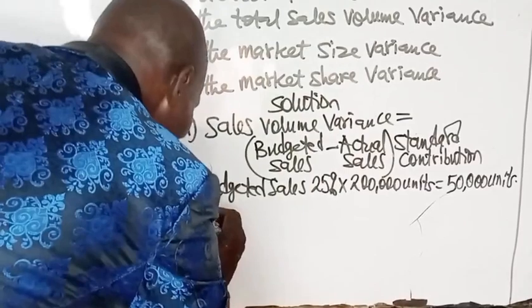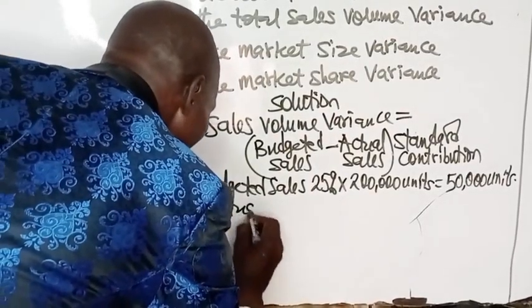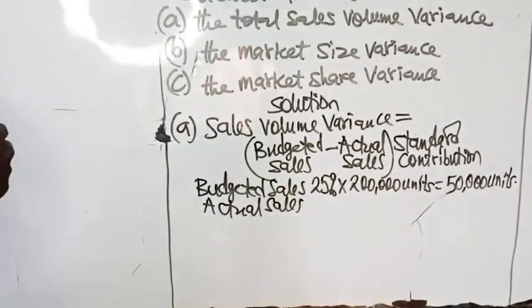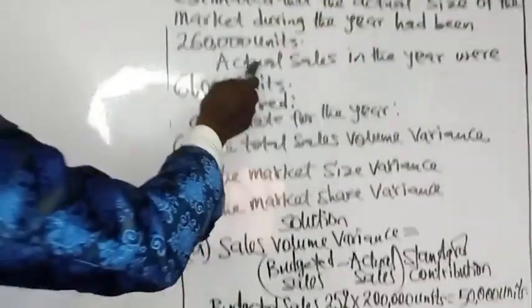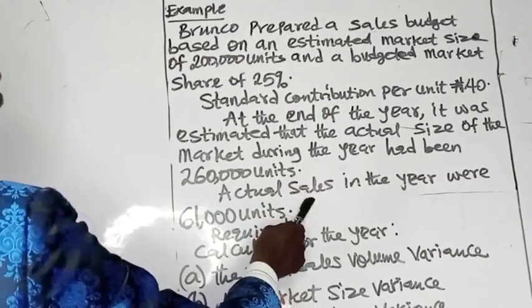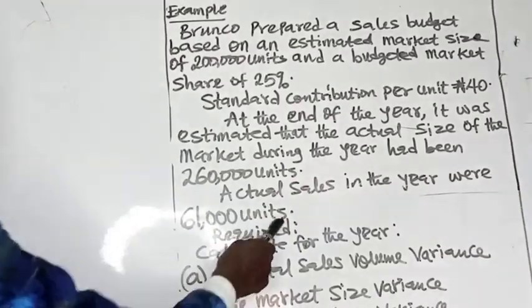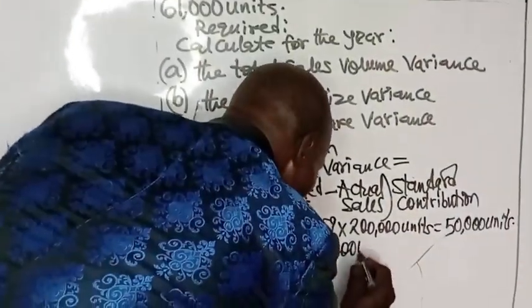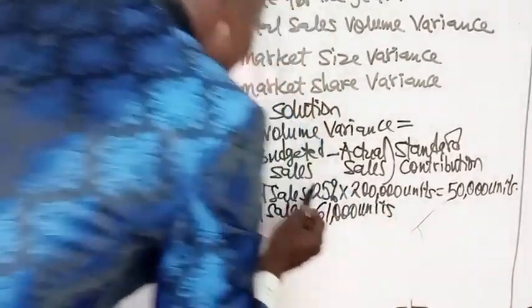Then what is the actual sales figure? Back to the question. Actual sales in the year were 61,000 units. Now let's substitute into the formula.